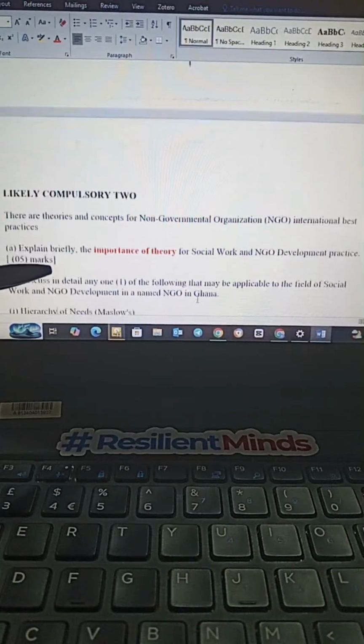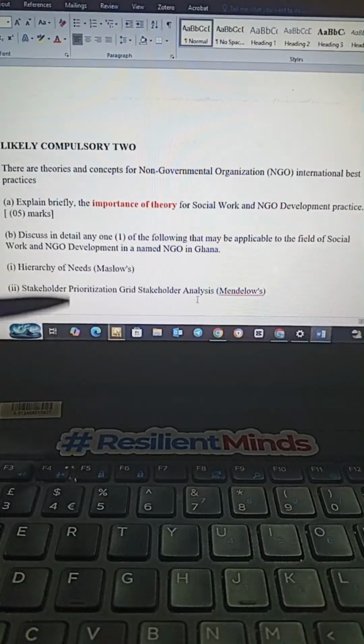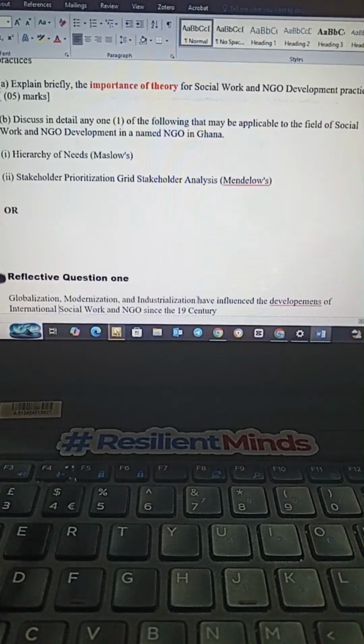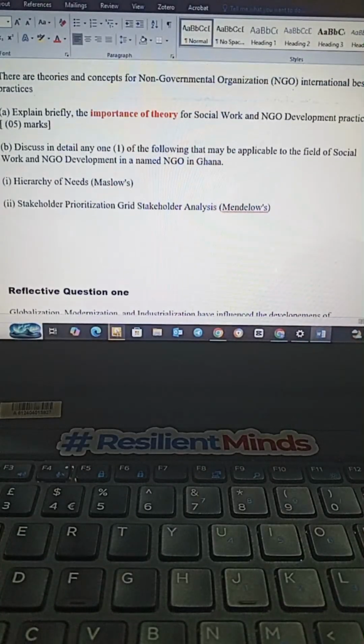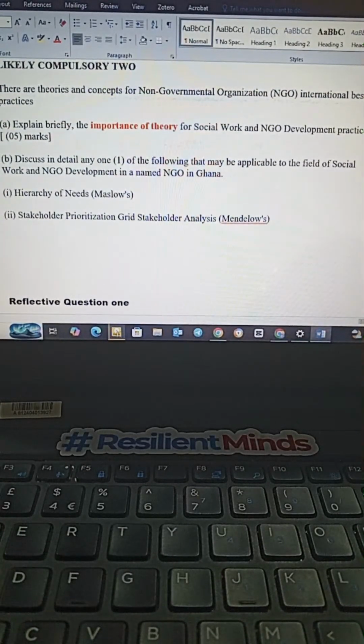So you can choose one of them as your compulsory, or the other. Sorry, I think those are the ones at the top. So choose between the two. This one is one compulsory, and the first one is also another compulsory. So you just assess your strength on the two questions. Which one do you think you can write more? Just choose that one, then you're free to go.